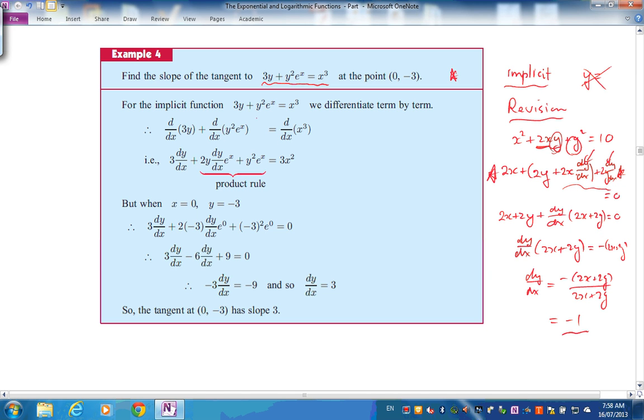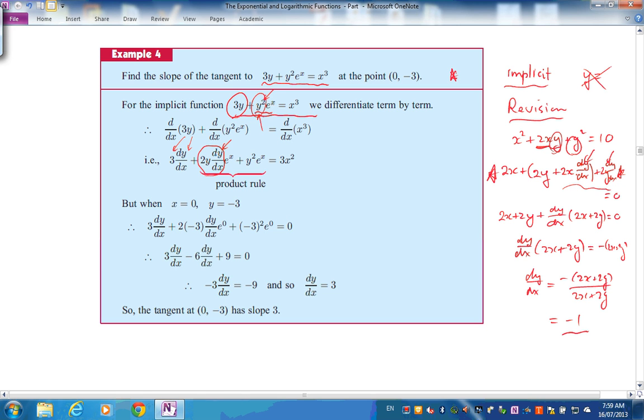So come back over and let's look at this implicit function. Derivative of the first term, 3y: it's just a constant, lots of y, how does y change with x? Need a symbol. And then this is a product, so it's going to be the derivative of the first term, which is 2y dy by dx, doing the power, and then remembering that y itself has a dependence on x, so a symbol for that.